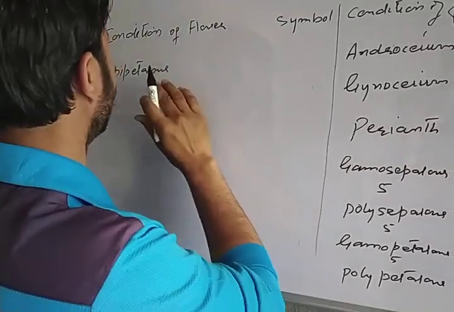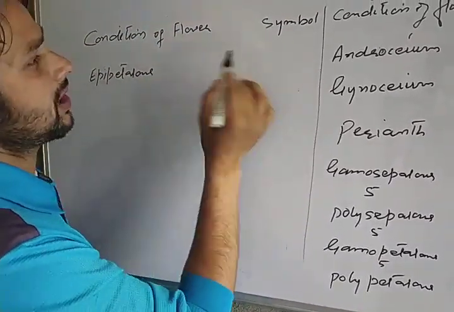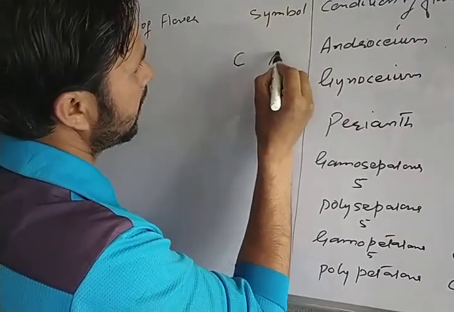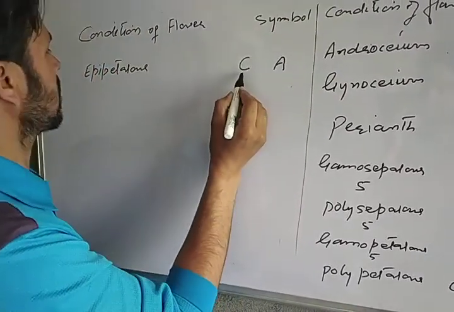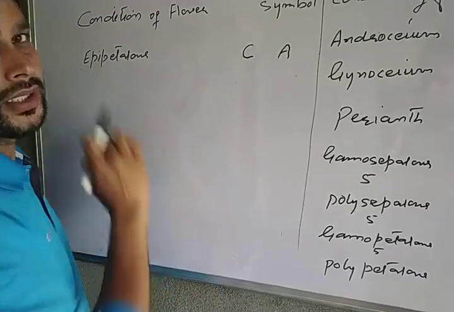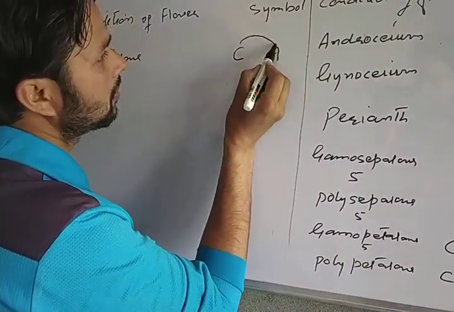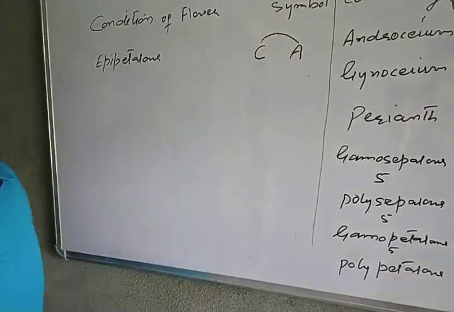So we can write here this epipetalous condition. If C is corolla and A is androecium, the petal is the unit member of the corolla, and this is represented by an R. This is called epipetalous condition.